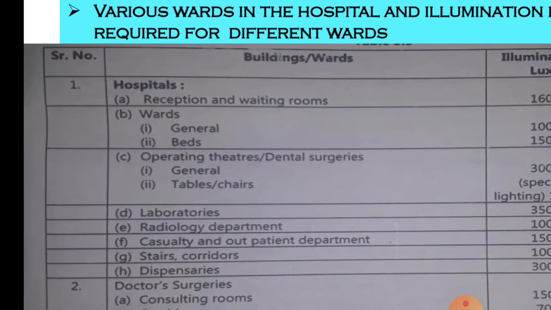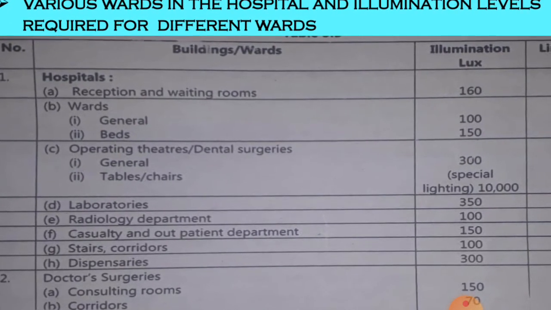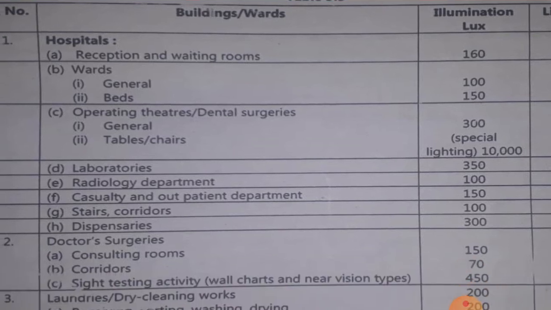In the operation theaters or where dental surgeries are carried out, 300 lux is required for the general operation theater, and where the table or chairs are, a special lighting level of 10,000 lux is adopted.